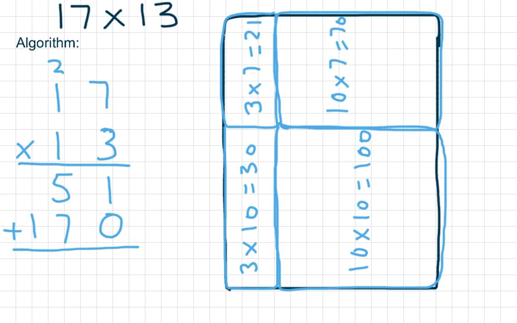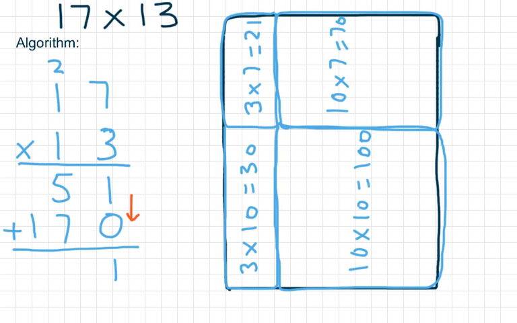Then when we solved the next 2 larger rectangles, we had 100 and we had 70, and we solved that as we went along, and we got 170. Now we add those 2 together, and we can do that using the addition algorithm, if we please.